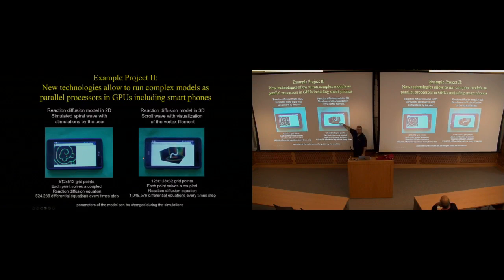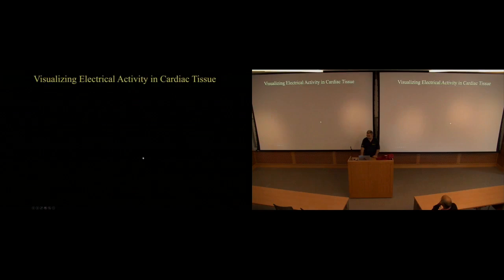This is solving 1 million differential equations every time step on my phone. If you run this model on a CPU on a laptop, it will go slower, because this is running in parallel. So a GPU has more power than a single-processor CPU.